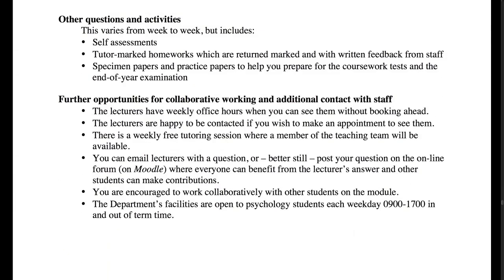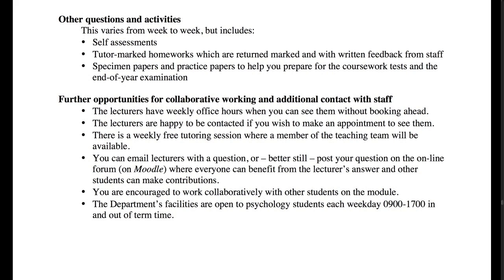There are other elements which aren't necessarily there every week. So every few weeks we'll give you a self-assessment where, again, you can check your progress not just for the most recent lecture, but for a few lectures. We'll give you what we call tutor-marked homeworks a few times a term.